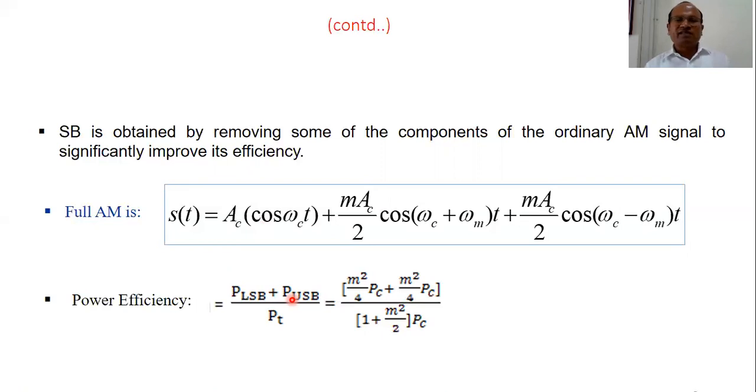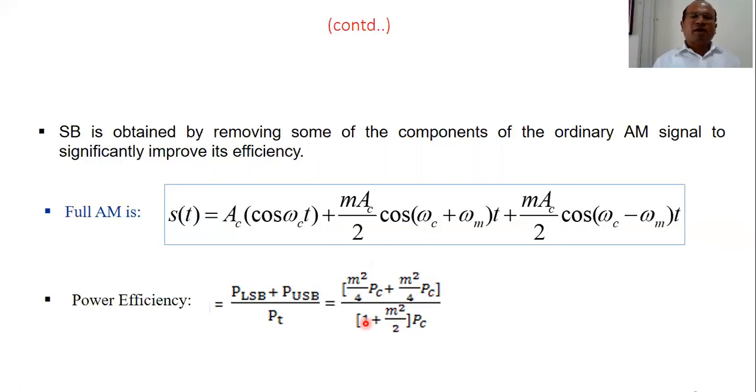What will be the power efficiency? m squared by 4 into Pc upper sideband power, m squared by 4 into Pc lower sideband power, divided by total power. When you add these, total sideband power is m squared by 2 into Pc, and plus Pc, because carrier power plus total sideband power is the total transmitted power.